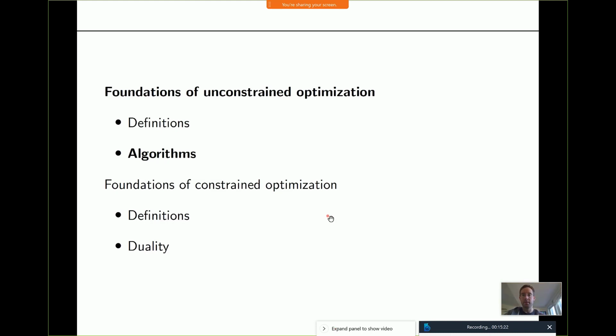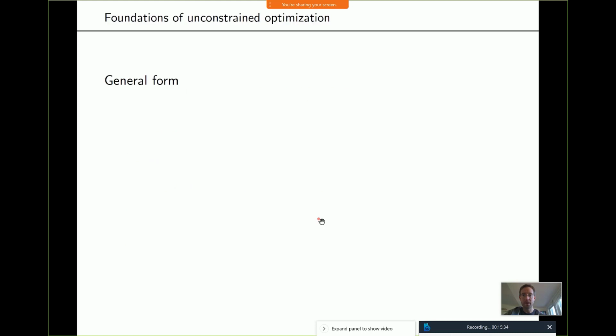So then let's go now into what we are mainly interested in, of course, in machine learning, namely the algorithms that allow us to identify these minima. And algorithms in optimization are characterized by a general form, and this is shown here.